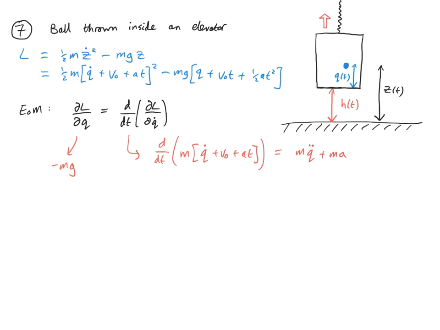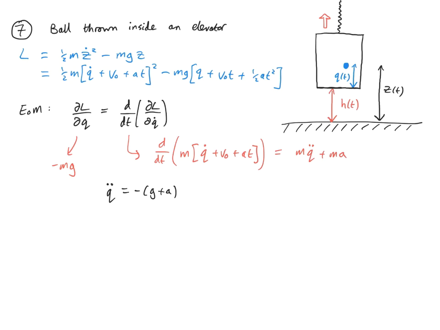The constant mv0 simply drops out when I take the time derivative. Okay, very good. Now I can equate the left-hand side and the right-hand side of the equation, cancel the factors of m all round, and I find simply that the acceleration q double dot is equal to minus (g plus a).